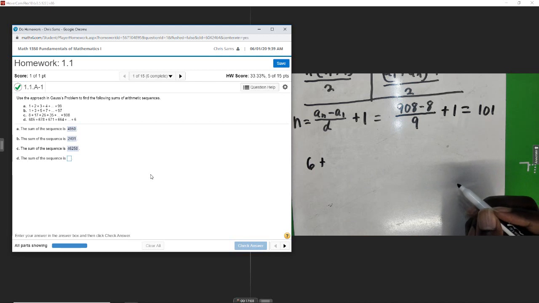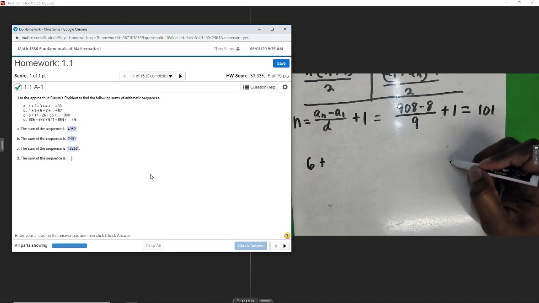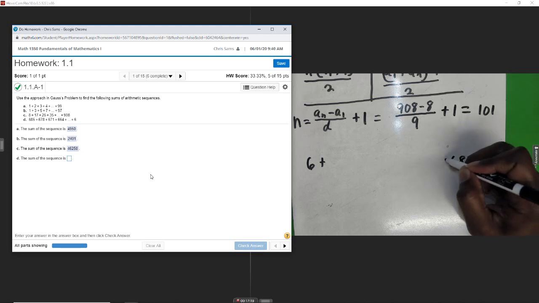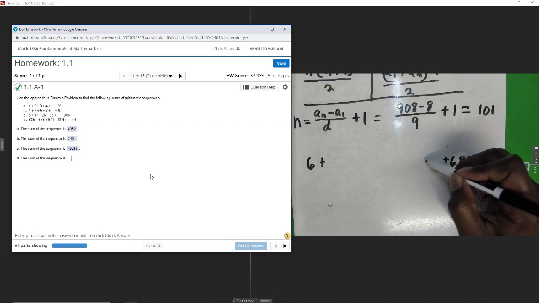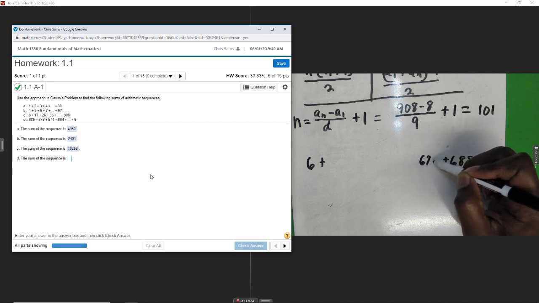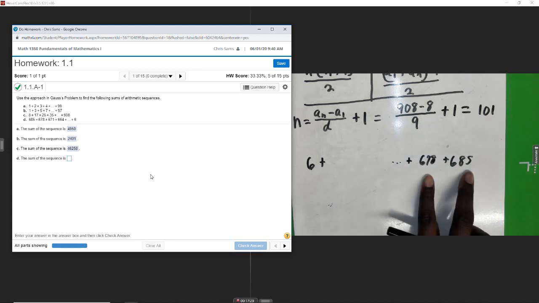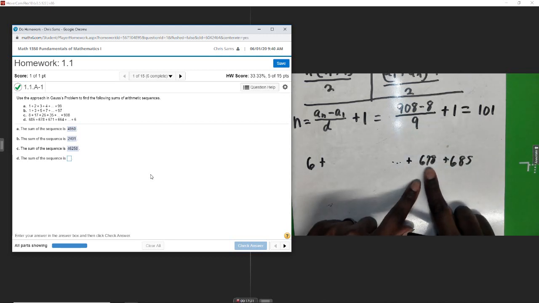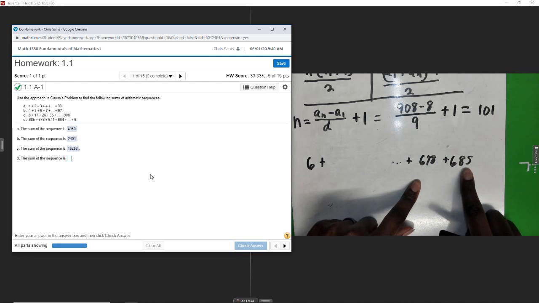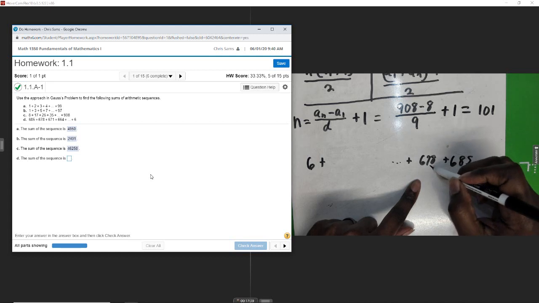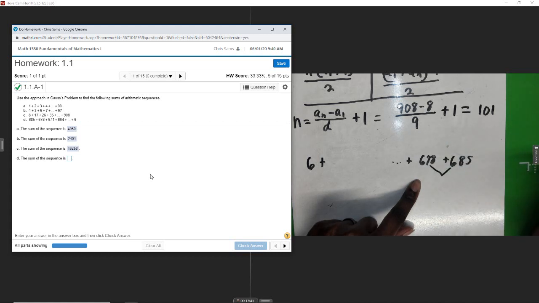Now, if you look at 685 and go backwards, we have 685, and in front of that, we have 678, and then some more terms. All we need is 2 terms side by side. From 78 to 85, we're adding 7. There's a difference of 7.